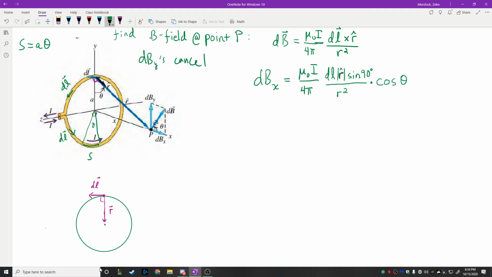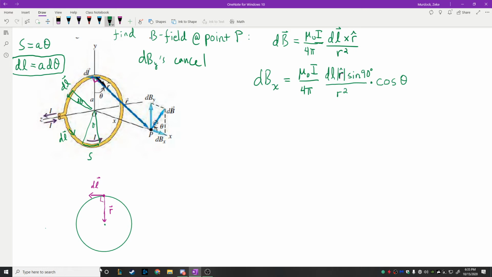Taking this one step further, dl, a small piece of the object here, would subtend an angle d theta, and dl would be equal to a times d theta. So that's what we'll use to replace it there.